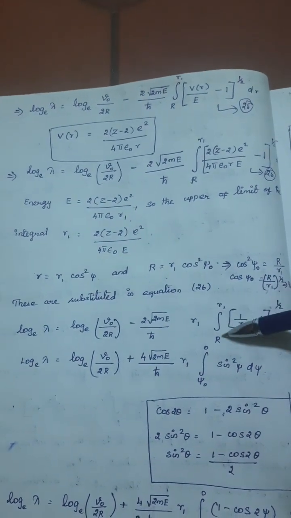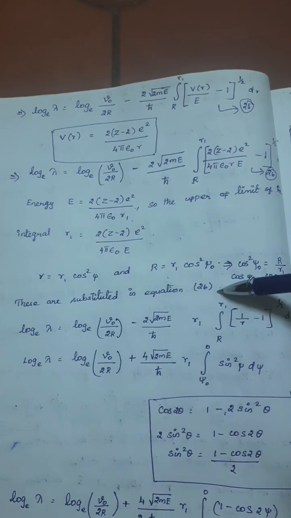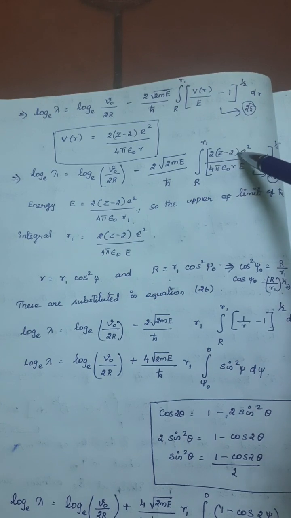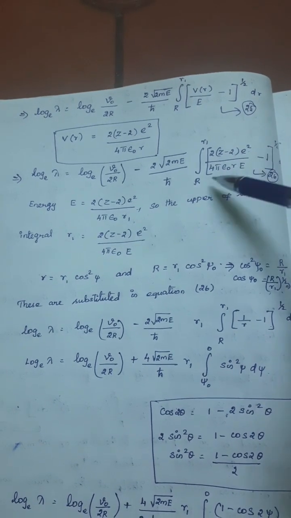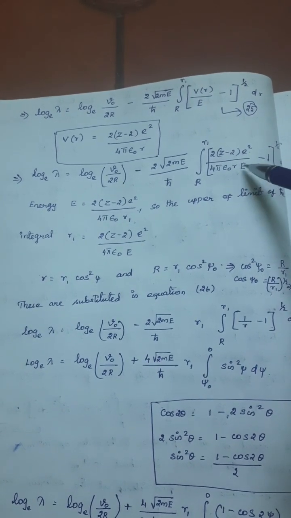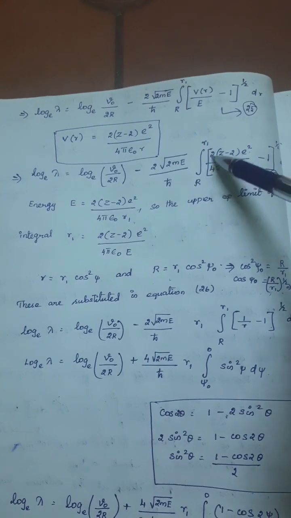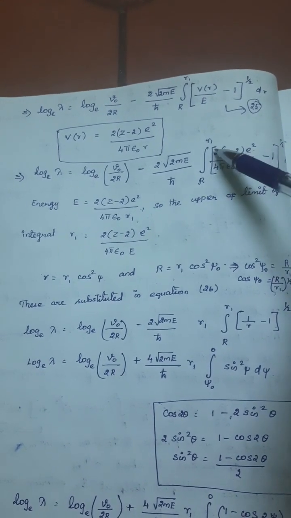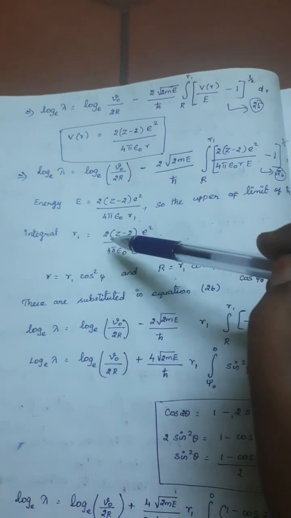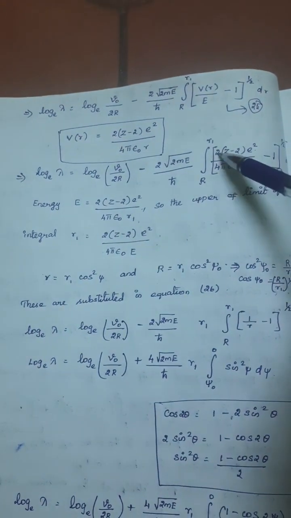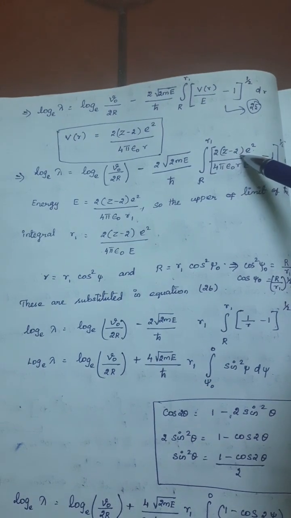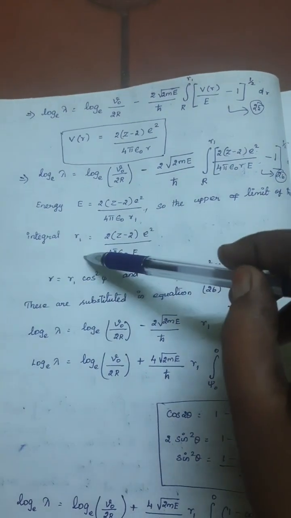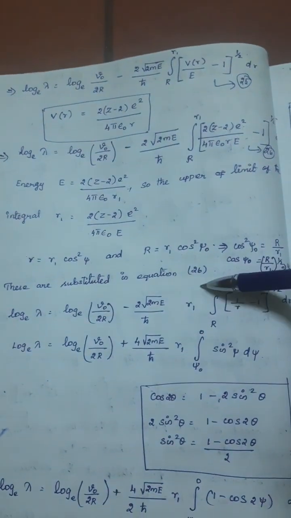So here the lower limit is R and the upper limit is R1, because 2 Z minus 2 times E squared divided by 4 pi epsilon naught E is simply R1. So it is taken outside as R1.